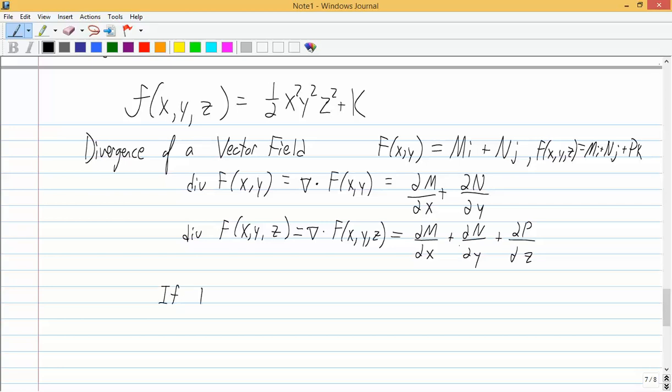If the divergence of f is equal to 0, then f is said to be divergence free.